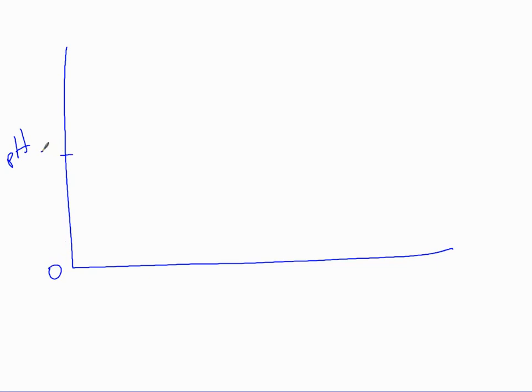It goes from 0 to 14. This is milliliters of sodium hydroxide added. This is exactly the kind of graph that you're going to have with this lab that's coming up.